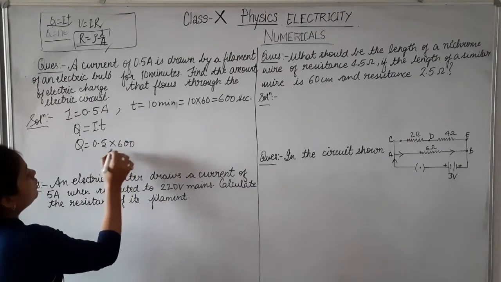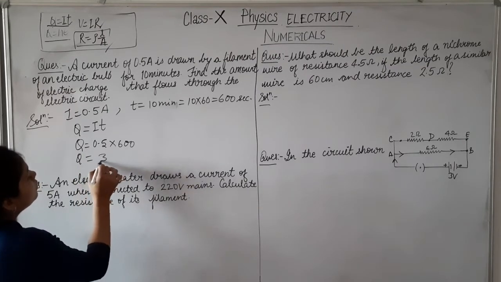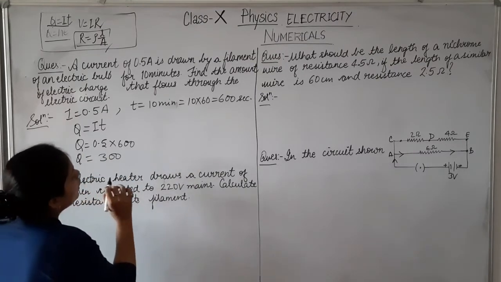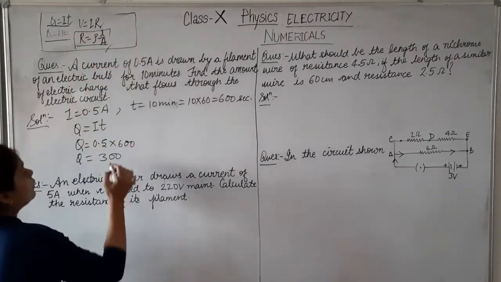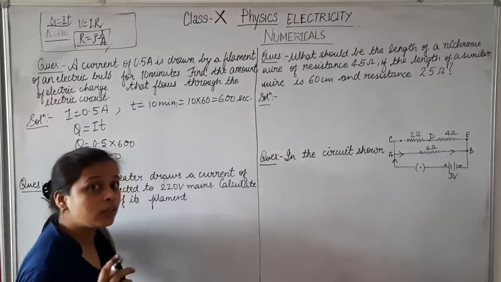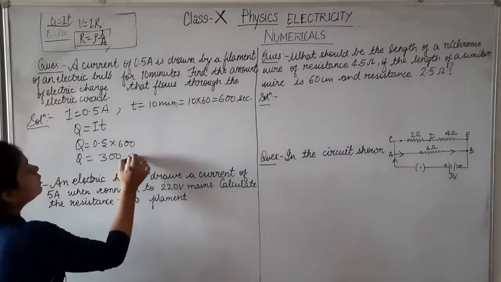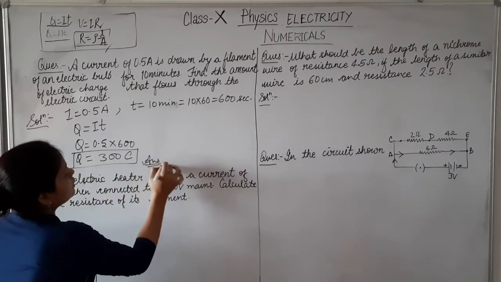On multiplying this, you will get amount of charge equal to 300, and its unit will be ampere into second, or the SI unit of charge, as you have already known. What is it? Yes, it is coulomb. So its unit will be coulomb and this will be the answer.